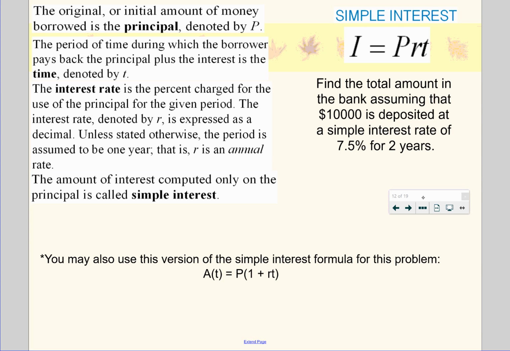So first formula you need to write down, and with each formula you should at minimum be writing down what the variables stand for. In this formula, I is our interest that we're calculating. P is principal. Principal means your deposit amount, what you start with. T is going to be our time, and in all of our interest problems, the time is measured in years.